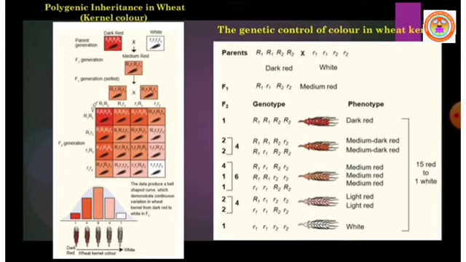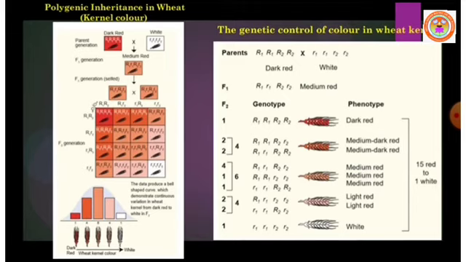Very recently, scientists discovered a third gene which also affects the kernel color of wheat. The 3 independent pairs of alleles are involved in the color of the wheat kernel in the plant.